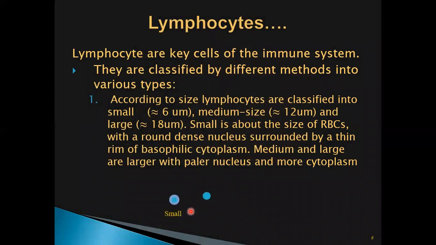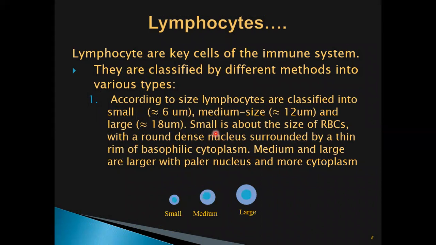Now lymphocytes. Mainly we say that there are two kinds of lymphocytes, but sometimes we do say that there are three kinds of lymphocytes. And these types of lymphocyte depend on their size: small, medium size, and large lymphocytes.